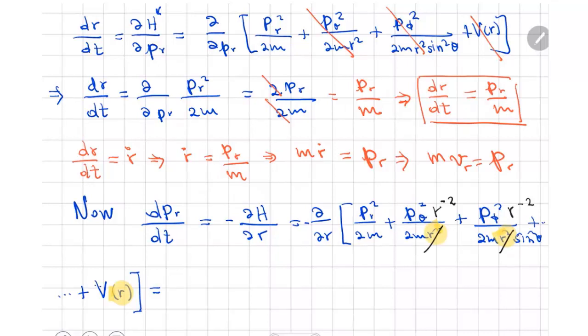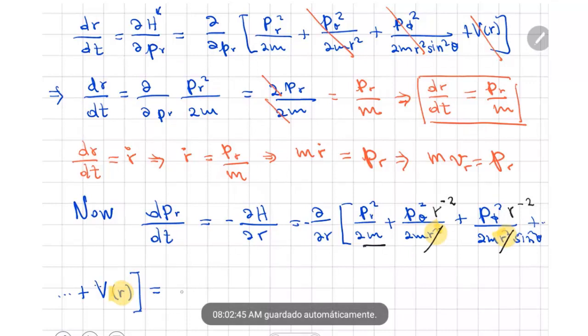So that's what I did. Now when I resolve the derivative, the derivative of the first term is going to be 0, because that term does not depend on r. So that one disappears.